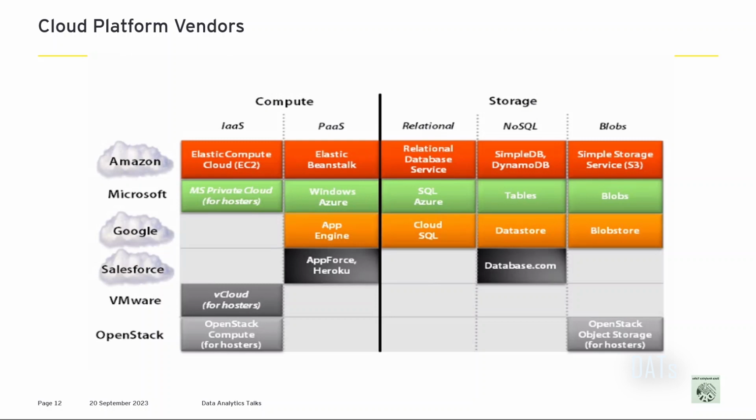Then we have Google App Engine, Cloud SQL, Data Store, Blob Store. Then Salesforce, with AppForce, Heroku, and database.com. Then VMware vCloud. Then OpenStack Compute and OpenStack Object Storage. There are so many vendors from whom we can consume platform as a service.